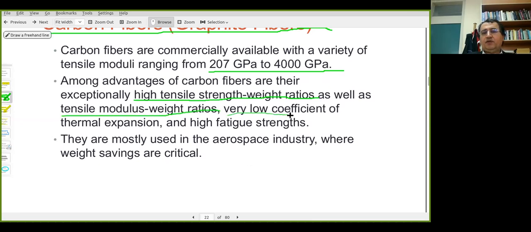Low thermal coefficient structures can be fabricated by using these carbon fibers, and they are used in a number of industries. The main use is in aerospace industry.